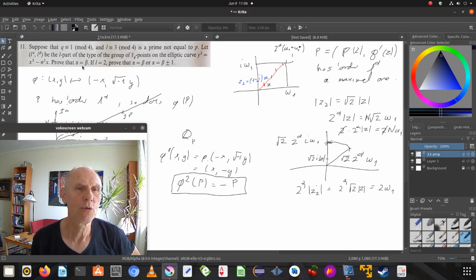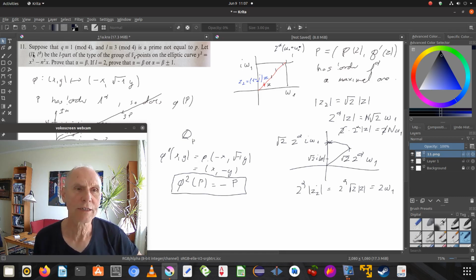And then we have to prove that these occur to the same power. My argument was that if one point was the maximal point, had a maximal order, then phi of p would have the same order. So we need to prove that it lies in the other one. We have to prove that it lies in the other guy.